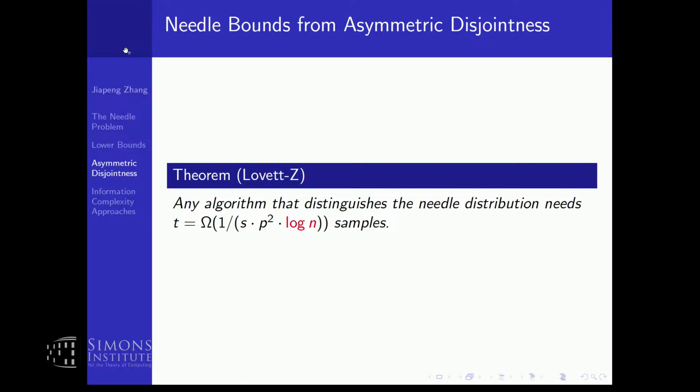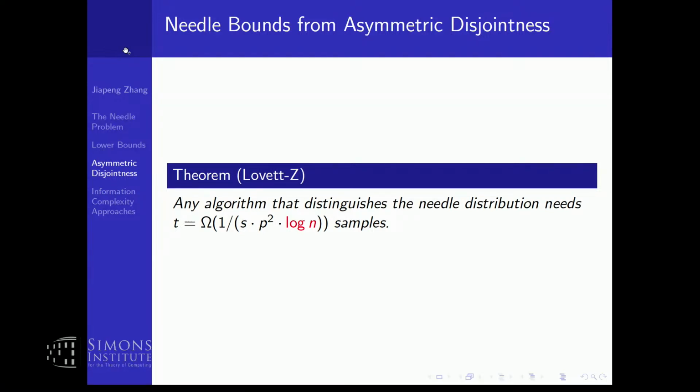We use the hard distribution of this communication problem to simulate the original streaming needle distributions. So we are able to get a lower bound roughly T is omega of 1 divided by p squared times log n samples. It almost matches the tight bound, except for the extra log n factor. Shachar and I spent a lot of time trying to do a different simulation, a different decomposition of the distributions, to remove the log n factor. However, we were not able to remove it under this approach.